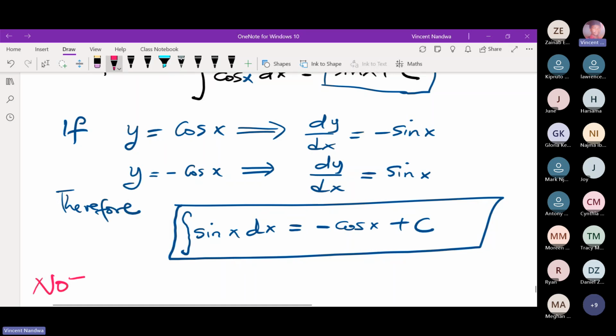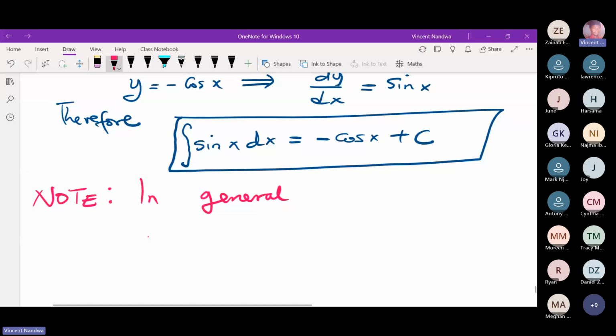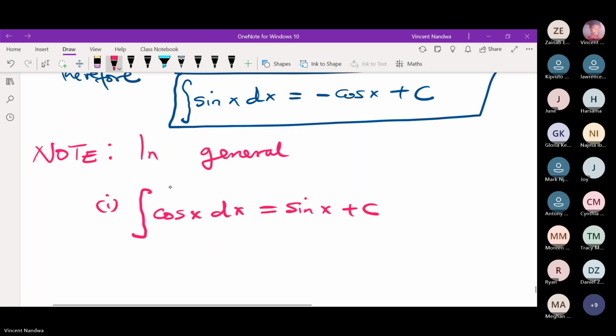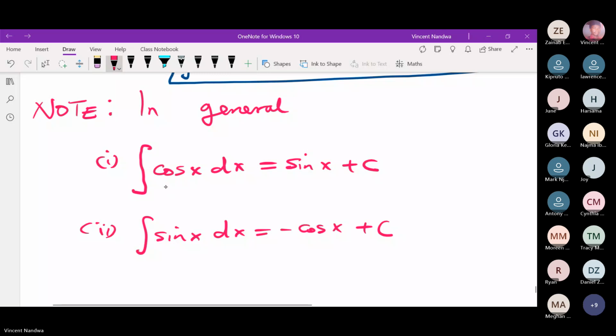Note, in general, the integral of cos x dx is sine of x plus c, the integral of sine of x dx is negative cos x plus c, and the integral of e raised to the power x dx is e raised to the power x plus c.